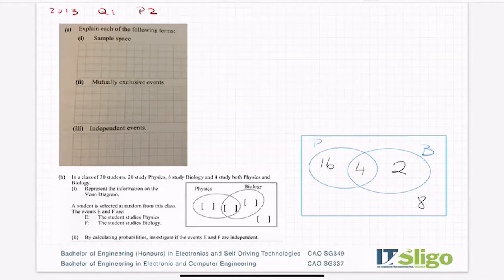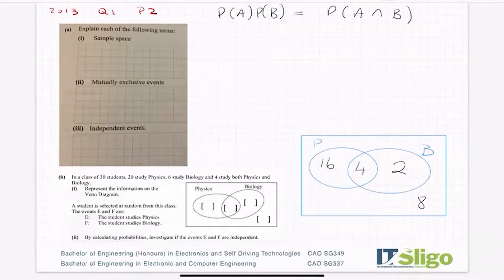Well, there's a couple of formulas. The probability of A by the probability of B is equal to the probability of the intersection. Okay, so that's independent events.